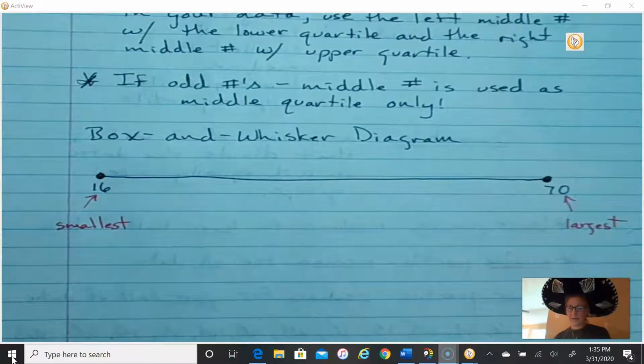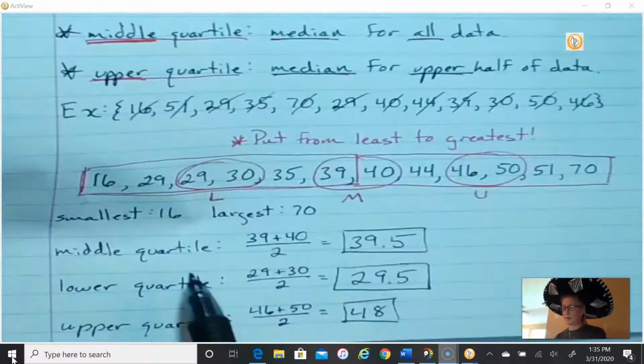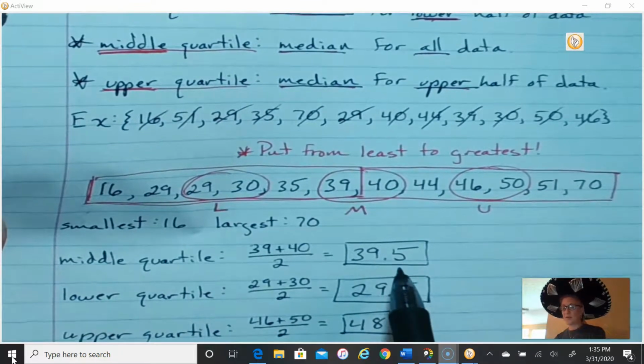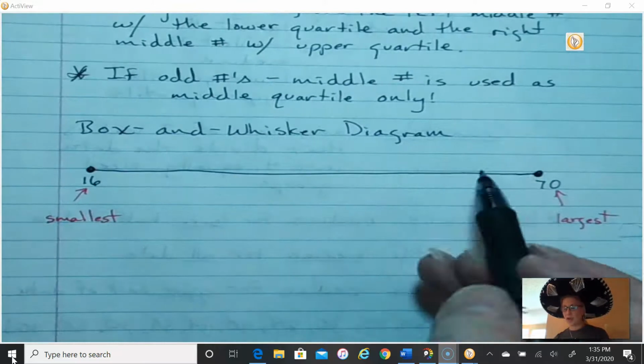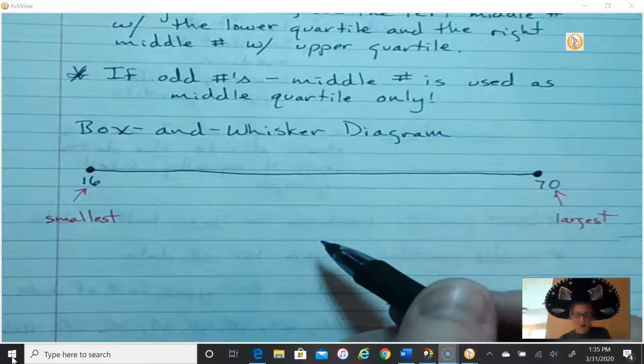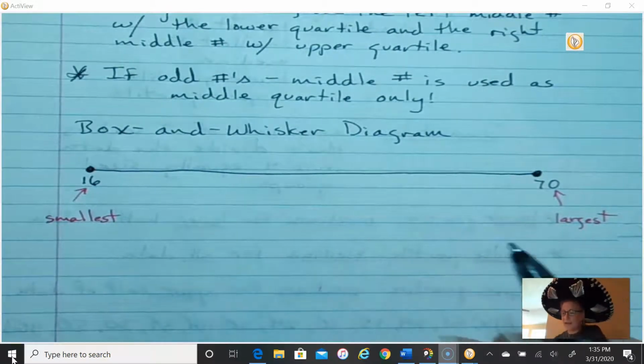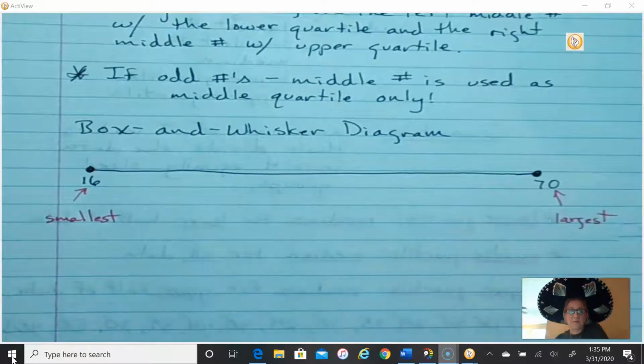Okay, now the middle quartile was 39.5. So we have to figure out on here where 39.5 would go. I'm going to round to like 40.